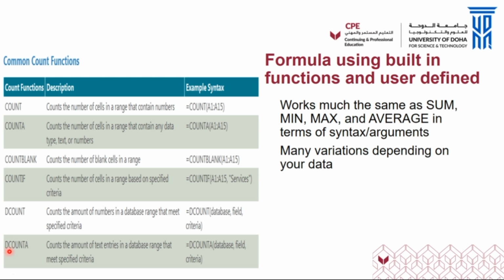DCOUNTA counts the number of non-blank entries in a database range that meet specified criteria. So that's similar to COUNTA, where COUNTA is for counting anything in the range, and COUNT is for counting the numbers. DCOUNT is database, where we are looking for numbers, and DCOUNTA is database, where we are looking for anything. It can be numbers, text, or anything.